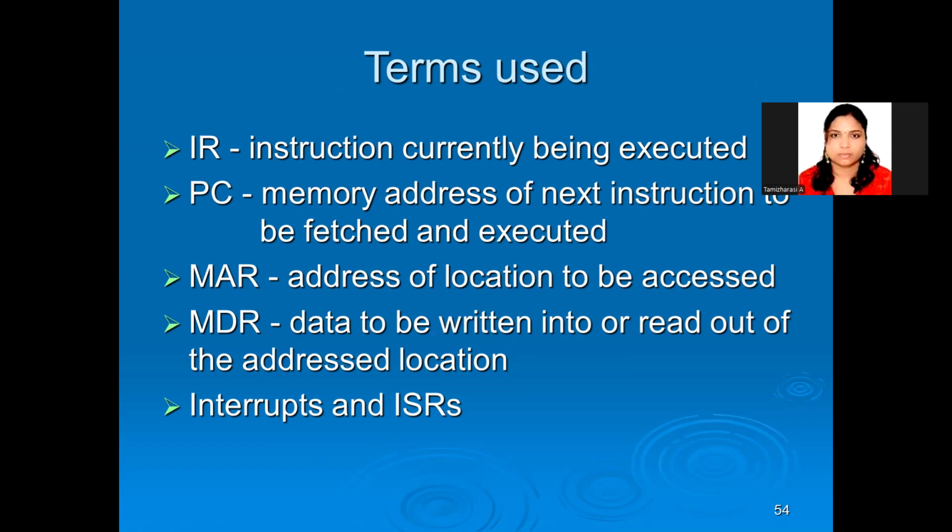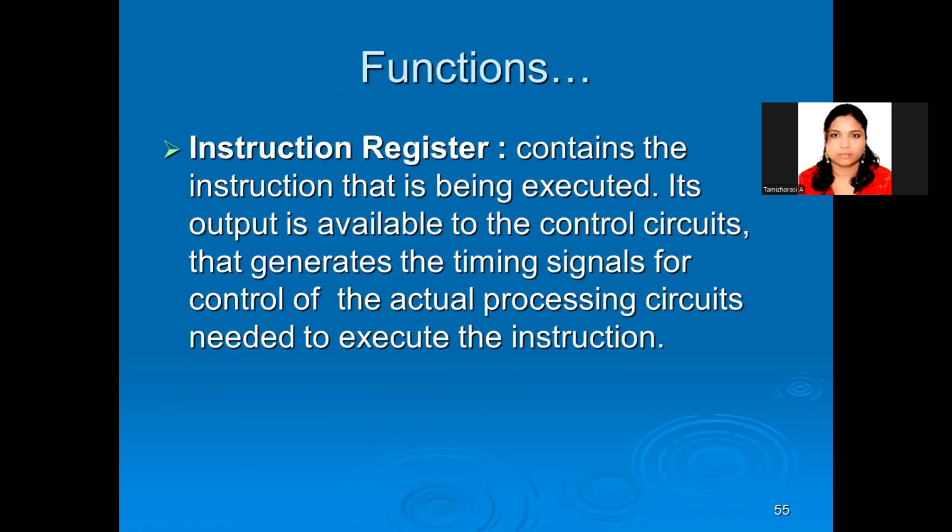MAR will have the address of the location that has to be accessed and MDR will have the data which has to be read or written. Apart from this, you have interrupts and interrupt service routines. These are some of the terminologies used with respect to the operational concepts.